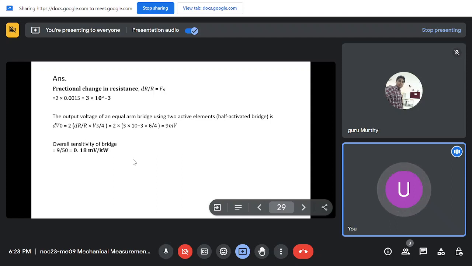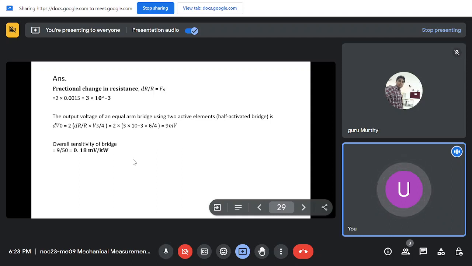So for fractional change in resistance, as I already mentioned in the previous problem, this is the change in resistance by resistance, equal to gauge factor into strain. So we know gauge factor, we know strain. Gauge factor is 2 and strain is 0.0015.